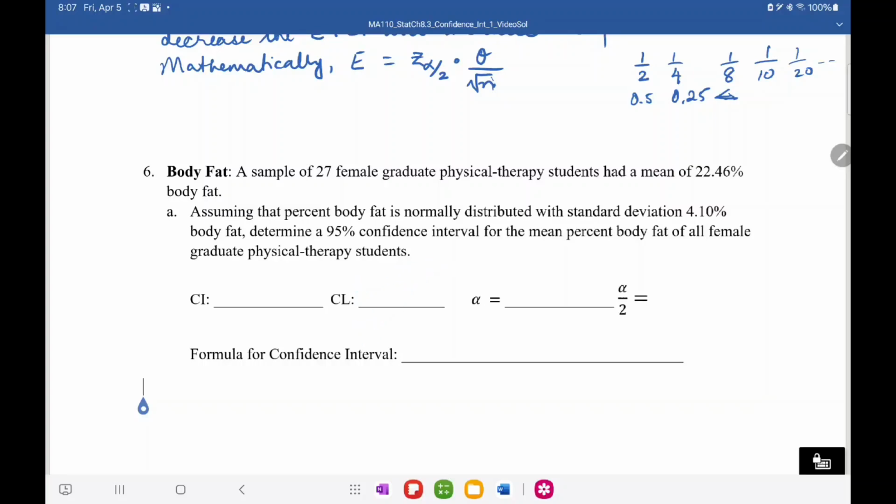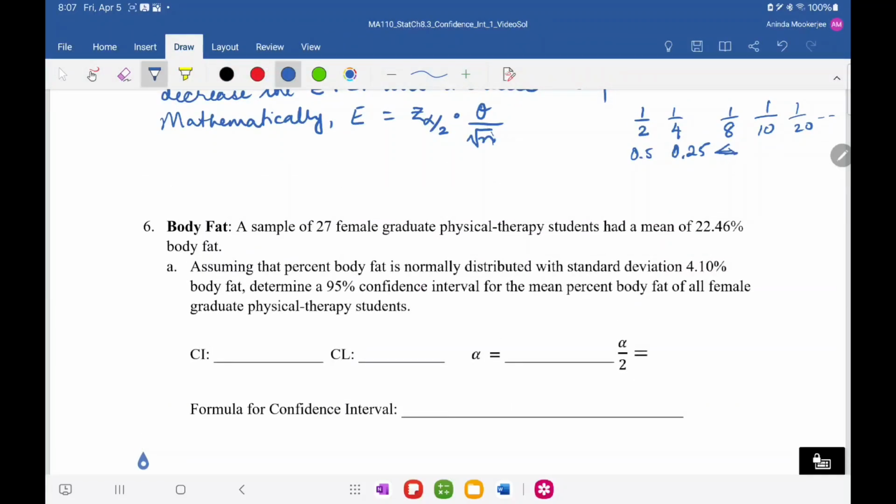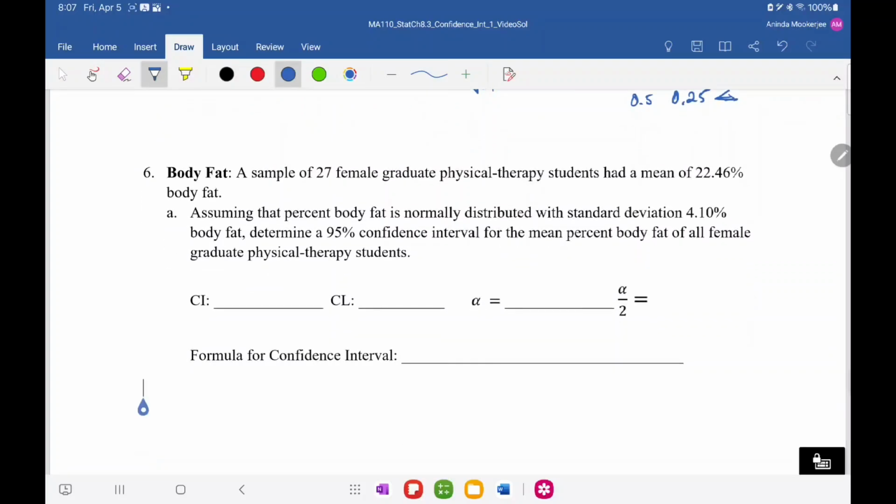So the formula again is, like I said, it's best to start with writing out the confidence interval formula. So it's x bar plus minus z of alpha by 2 times sigma divided by square root of n.